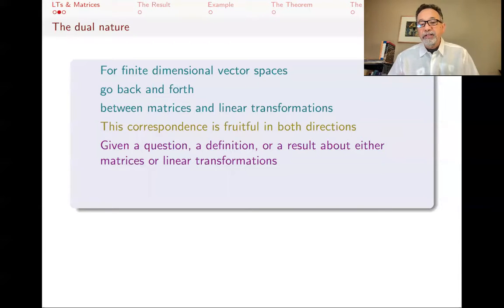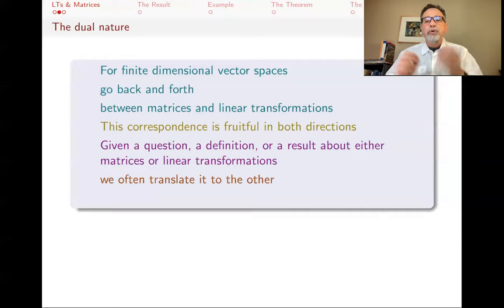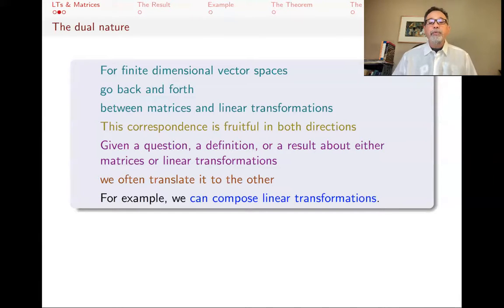Okay, so because of this going back and forth, whenever we see a question, a definition, or a result about either one of them, matrices or linear transformations, we try to translate it to see what it says about the other one, and whether looking at it from the other point of view helps the matter. So for example, we can compose linear transformations. Not all of them, but if the codomain of the first linear transformation is the same as the domain of the second linear transformation, we can compose those.